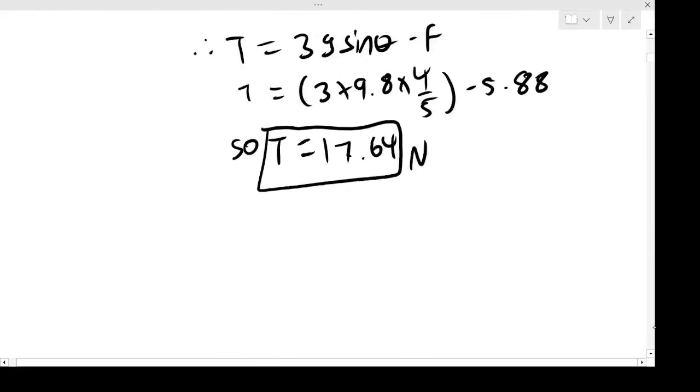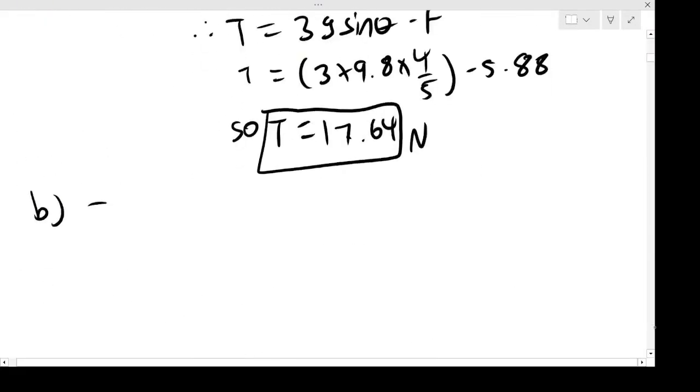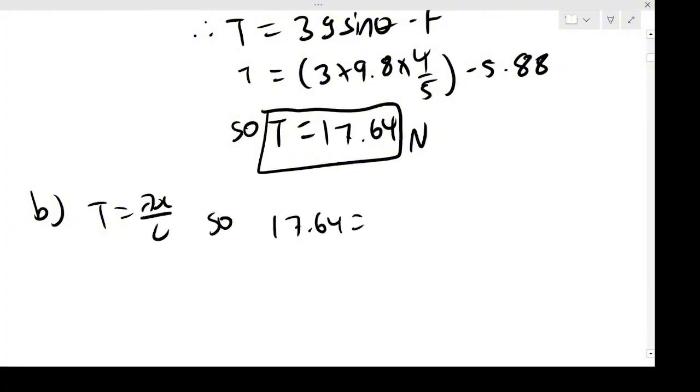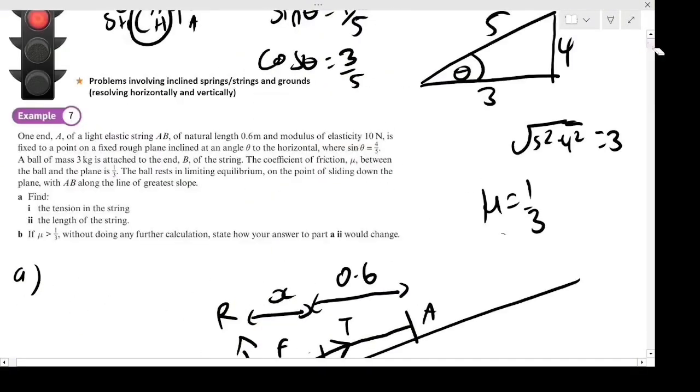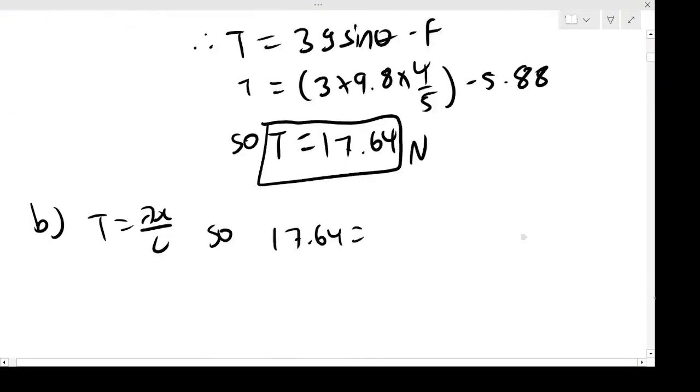How can I work it out? Well, this is where Hooke's law comes in. So T is lambda X over L. I know T is 17.64. It's going to equal lambda, the modulus of elasticity, which is 10, times X over 0.6 for the natural length.